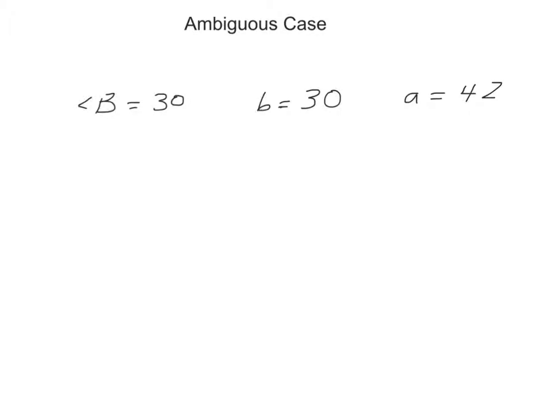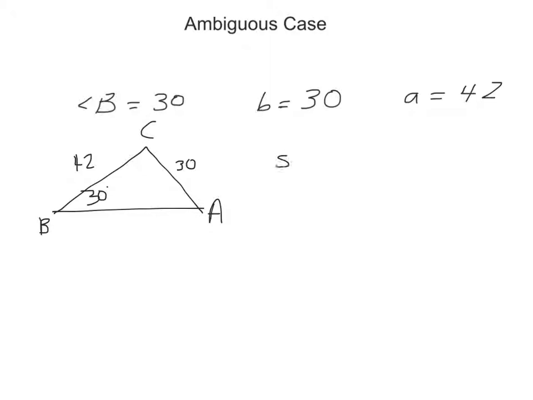Last case, and as you may suspect, this one does have two triangles. So angle B is still 30, side length B is 30, and side length A is 42. So we're going to start with sine of 30 degrees over 30 units is equal to sine of A over 42 units.